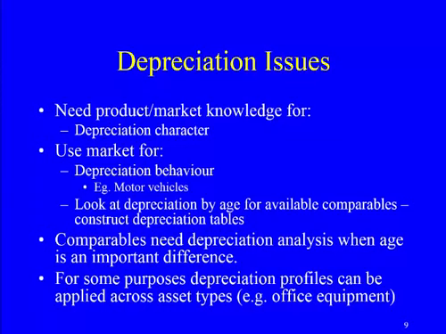What you'll be able to do there is apply the character and behaviour of depreciation across asset types. For instance, you might decide that large amounts of maybe the office equipment has a particular working life and a particular depreciation profile, and you're able to then simply apply that perhaps to its historical cost with a couple of other assumptions to get a fairly good overall valuation.